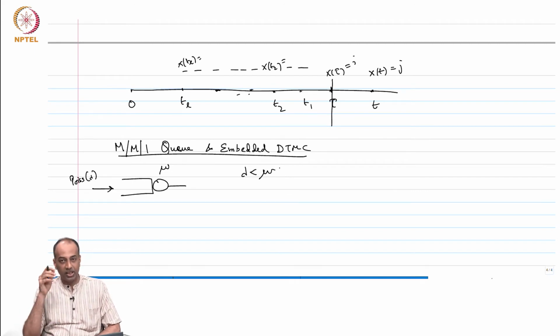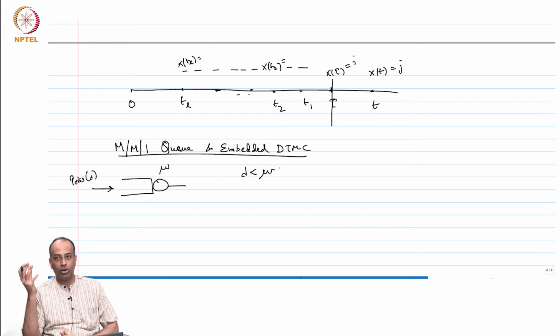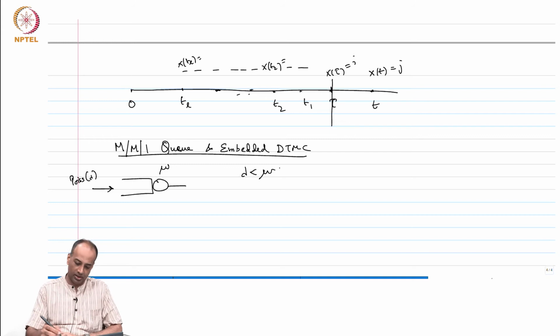In this setting, an M/M/1 queue is actually a continuous time Markov process, alright, and the embedded Markov chain is just the number of customers in the system, okay. So, the transitions from x n minus 1 to x n in the embedded Markov chain happen either upon an arrival or a departure, alright.